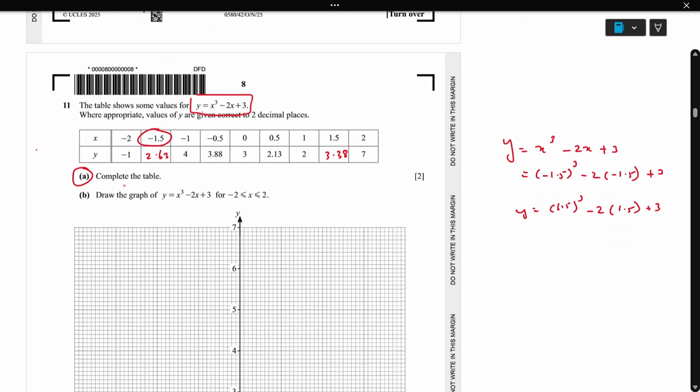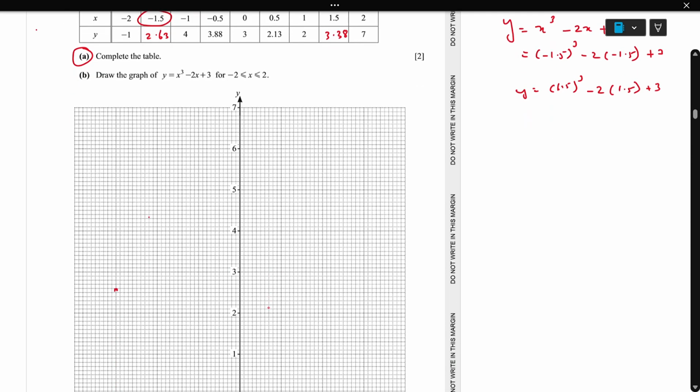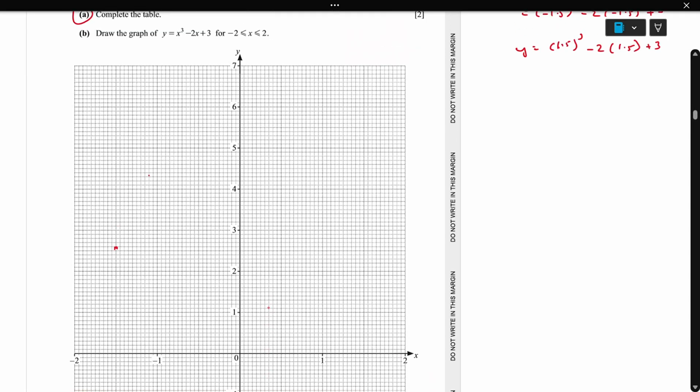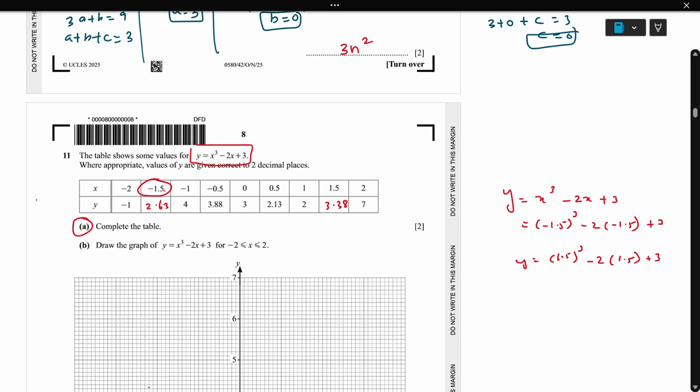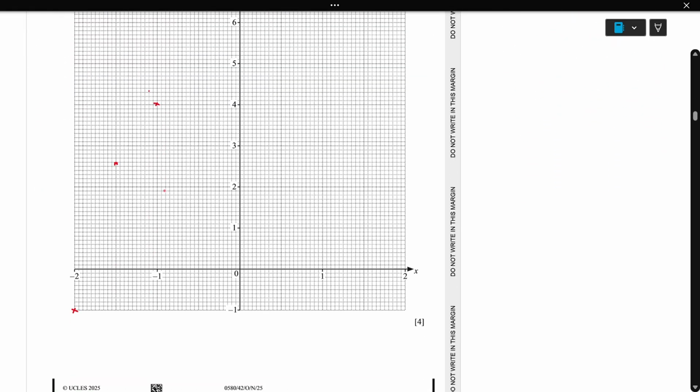Next, negative 1 comma 4. Negative 1 and 4 going to be here. And next, negative 0.5 and 3.8. Negative 0.5 and 3.8 is here.